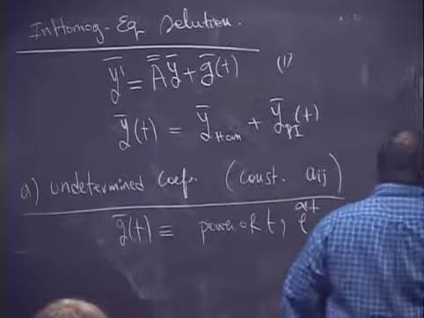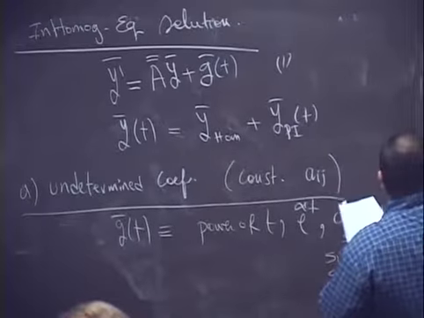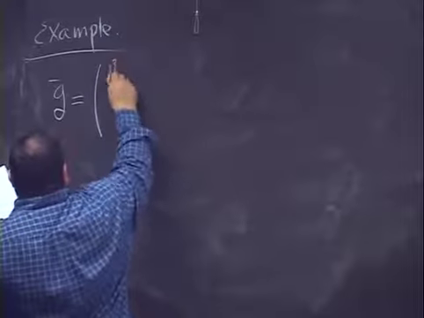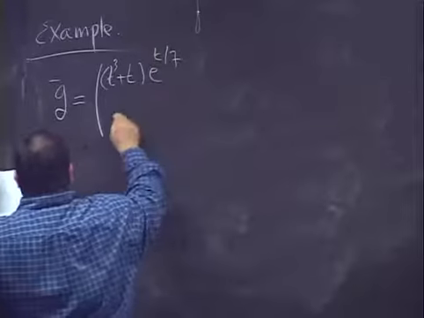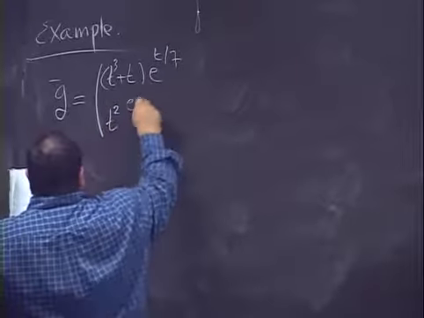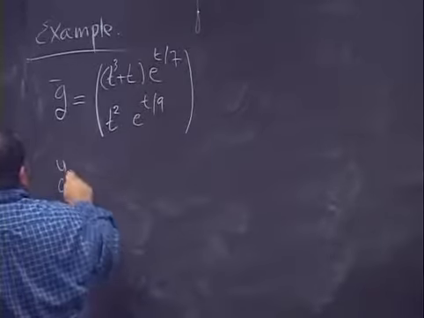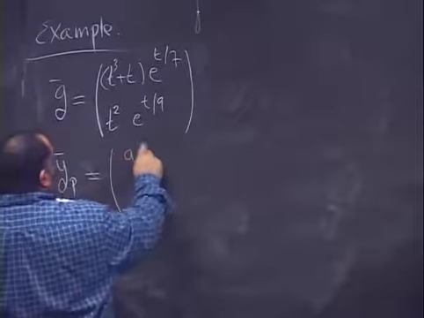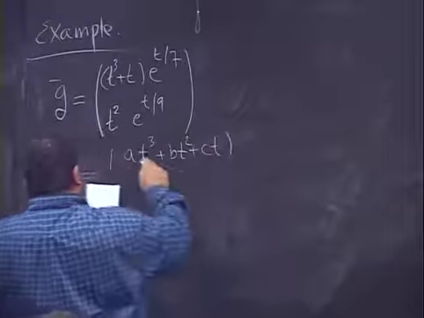So to give an example, if you have your G now as a matrix, it will be t cubed plus t e to the power of t over 7, and t squared e to the power of t over 9. So your solution y particular will be just the same form. So you will assume a t cubed plus b t squared plus c t plus d.